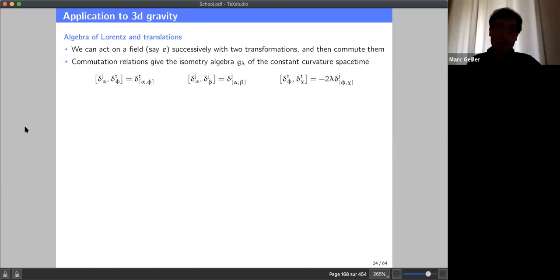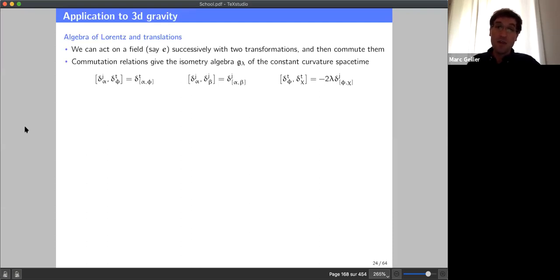So if the cosmological constant is 0, all solutions look locally like Minkowski space. If the cosmological constant is positive, all solutions look locally like de Sitter space. And if lambda is negative, all the solutions locally look like anti-de Sitter space.